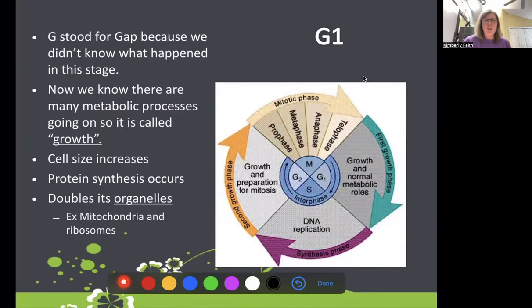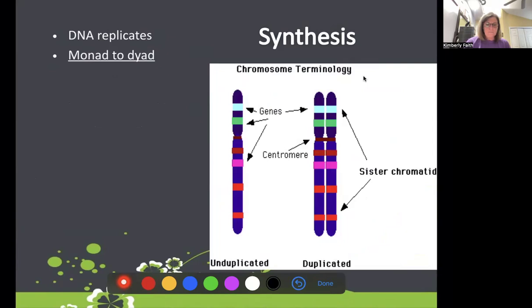In G2, the cell's going to get bigger in order to split into two cells and prepare for mitosis. We also have to increase our number of organelles because we need mitochondria for two cells, Golgi apparatus for two cells, and smooth and rough ERs, all those things.